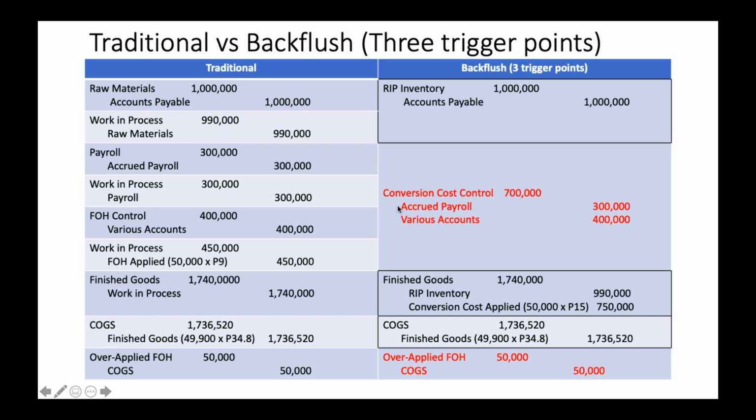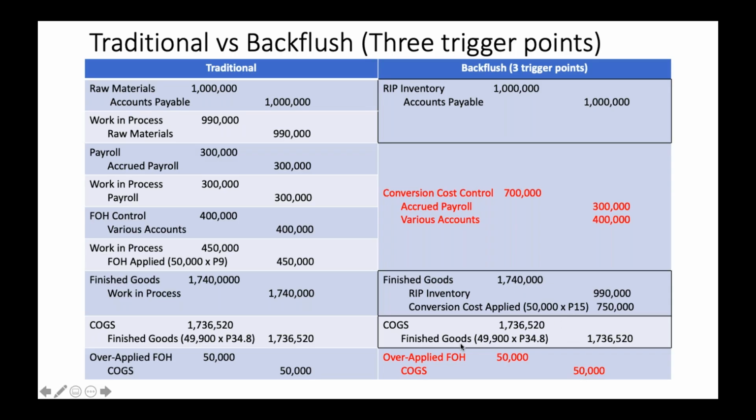Aside from this one, upon comparing control and applied, we have a difference of 50,000. So we have to make another flashback entry, and that is debit over-applied factory overhead 50,000, and then credit cost of goods sold 50,000.